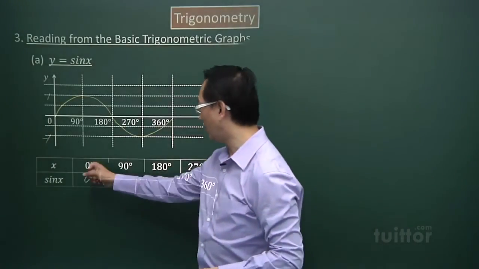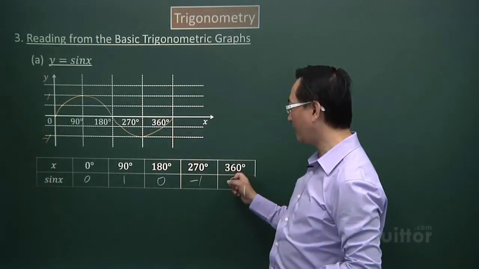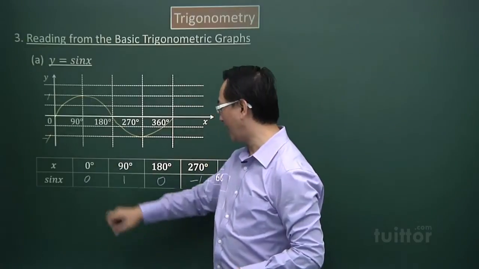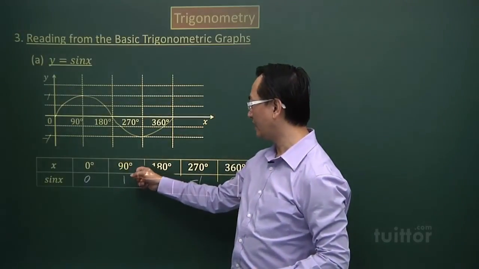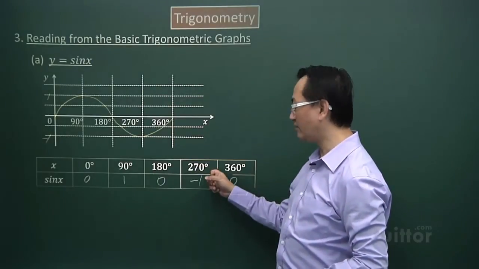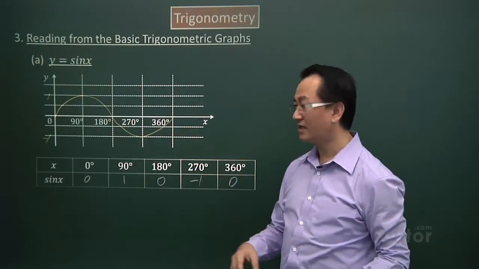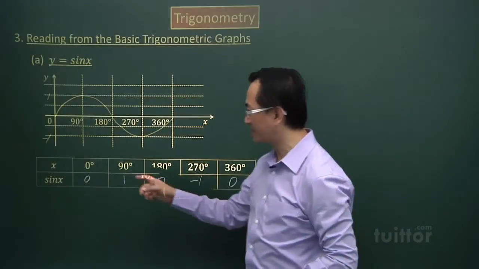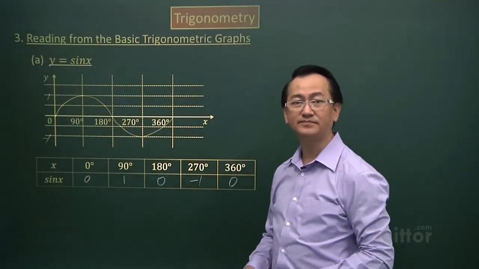So there were 1, 2, 3, 4, 5, and then 3 in between, that make it 8, 3 in between, 11, 3 in between, 14, 3 in between, 17 angles of the sine that you have to remember.